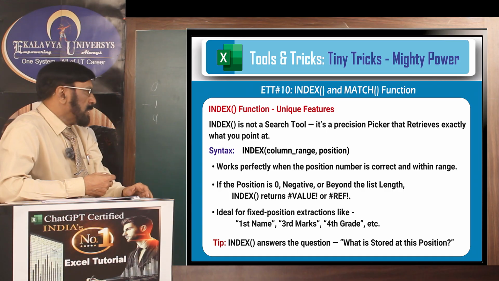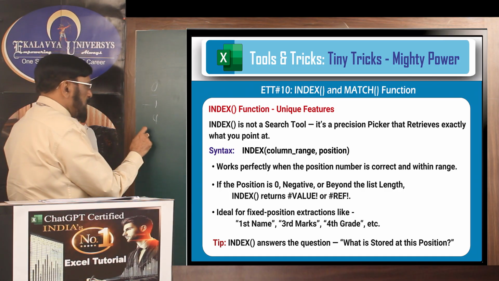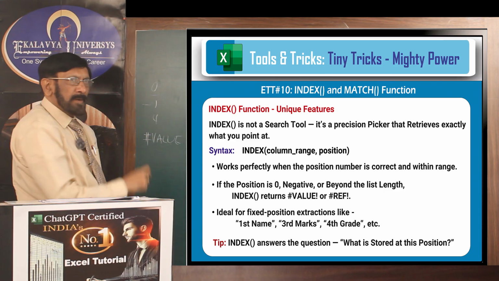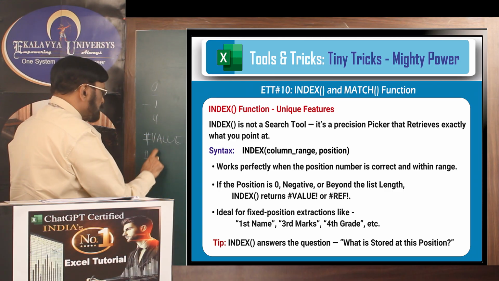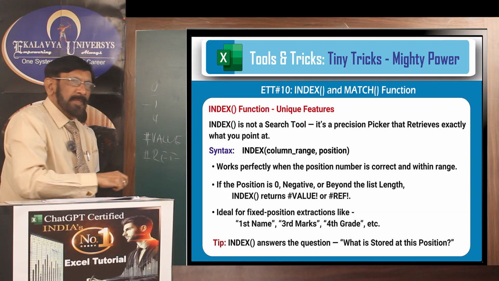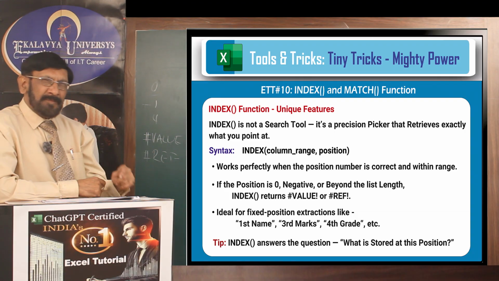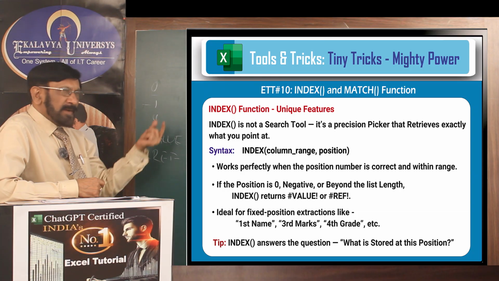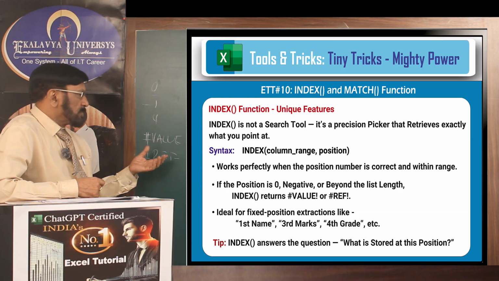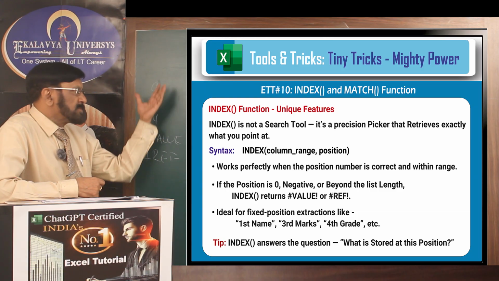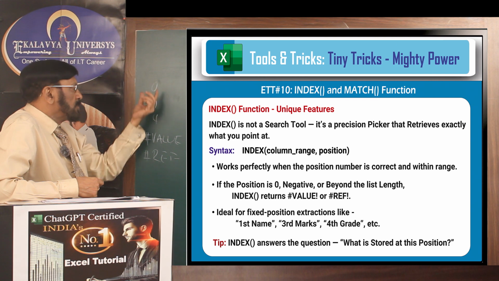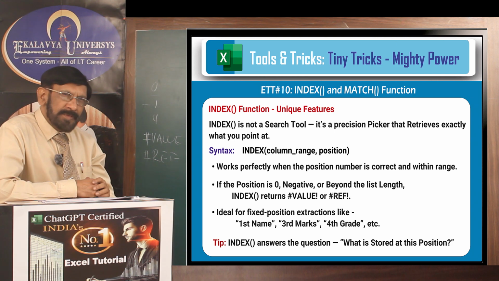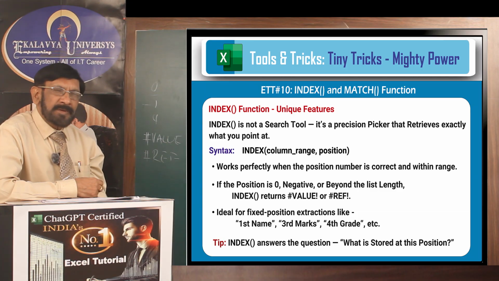In these 3 cases, which type of error may be reported? The error may be a value error or a reference error. This also you must remember. One more technique I am telling you: if you remember the errors, you have to remember the reasons for them also, so you can easily find out. Simply check whether in the position any 0 is there, or a negative value, or a value outside the position range.